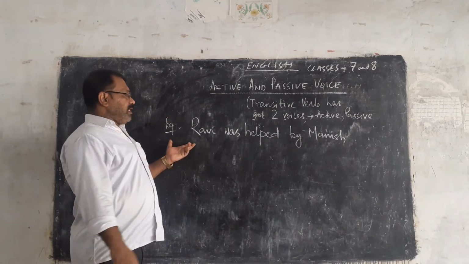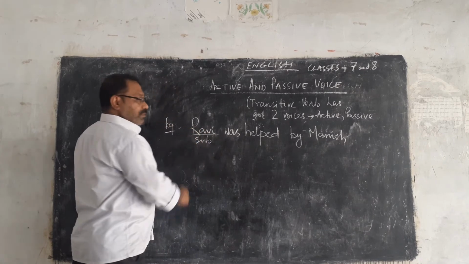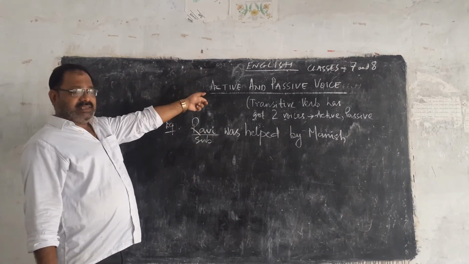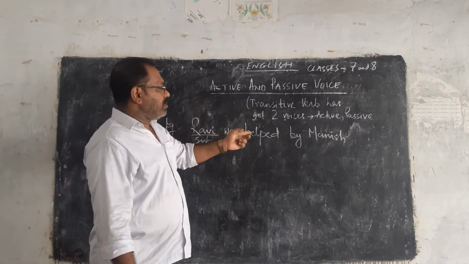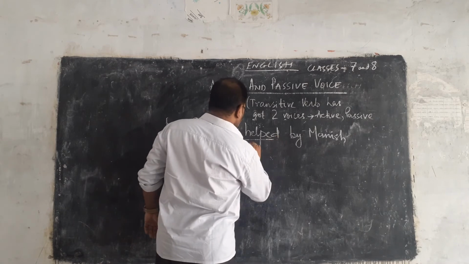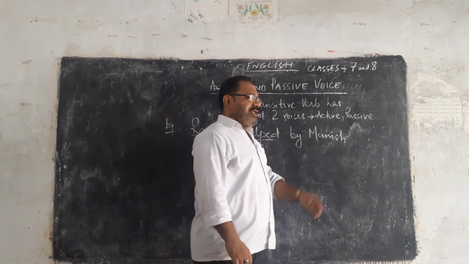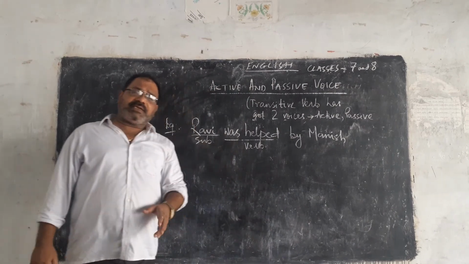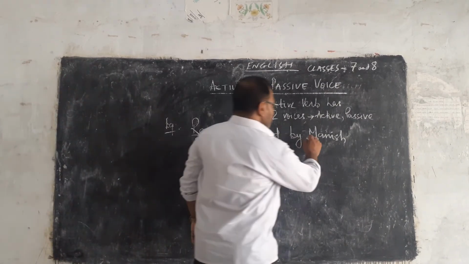See, in this sentence, Ravi becomes the subject, whereas in active voice Manish was the subject. And was helped is the verb. Manish, who was the subject in the active voice, becomes the object in the passive voice.